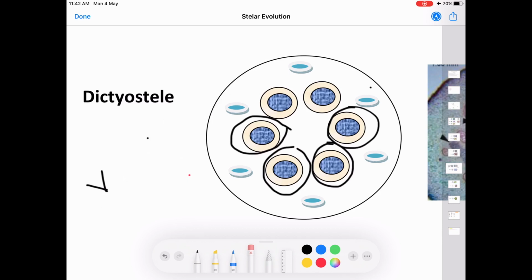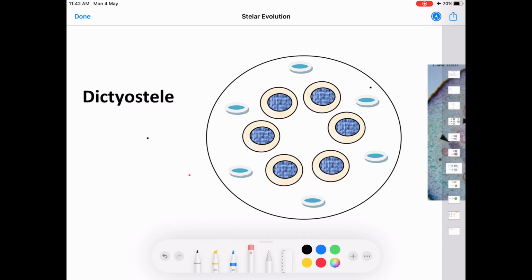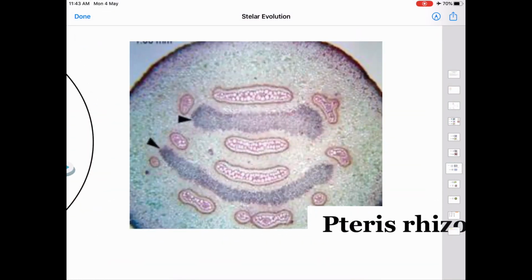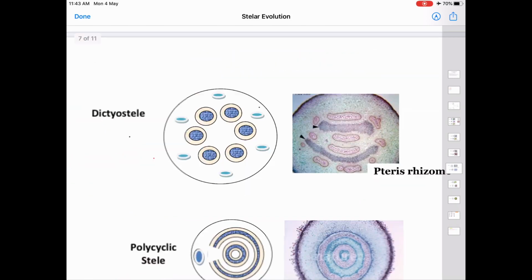So, in the case of Dictyostele, numerous meristele along with the corresponding leaf gap and leaf trace are arranged in the form of a ring. This type of arrangement is known as the Dictyostele. This is commonly seen in the case of Pteris rhizome.